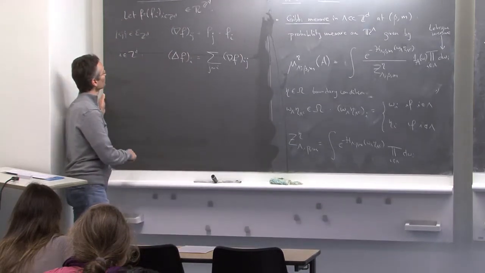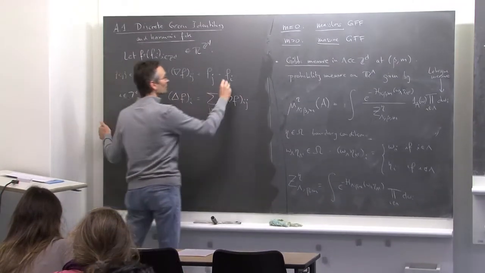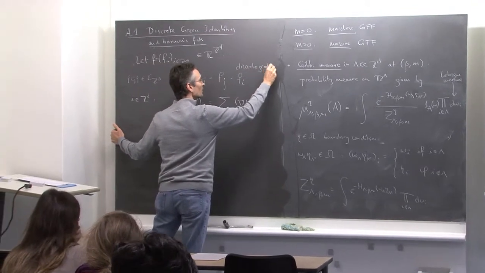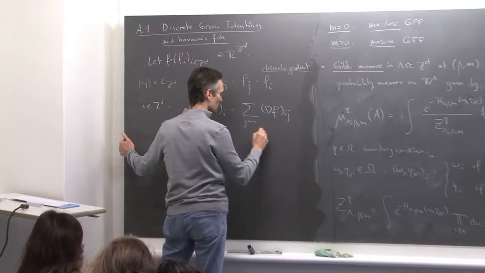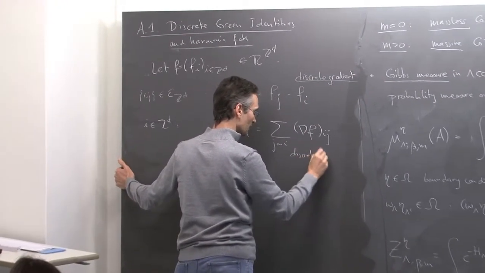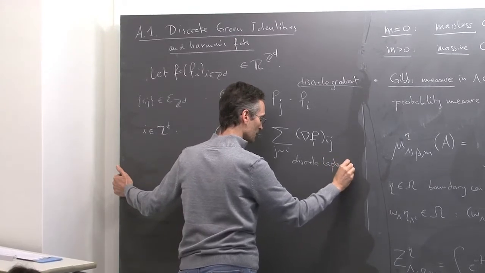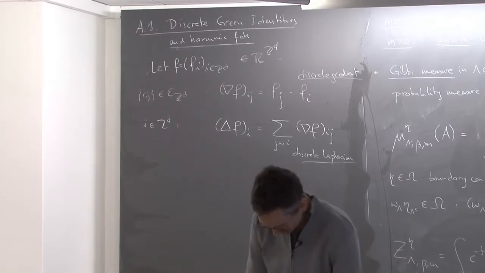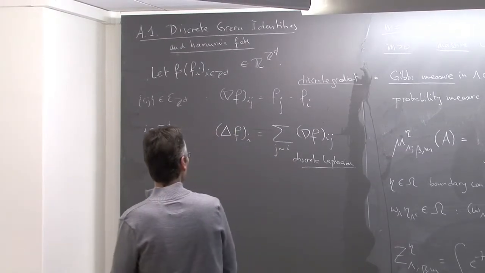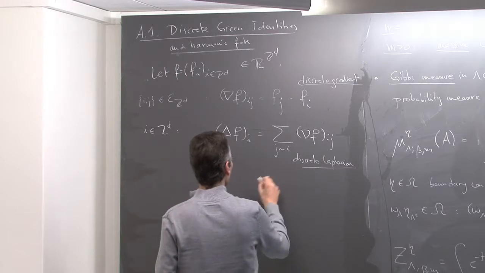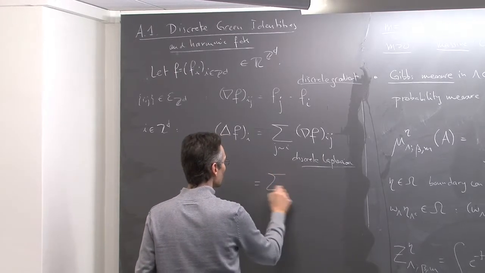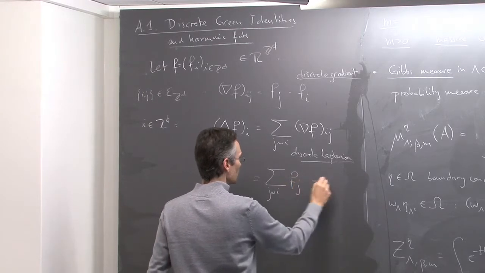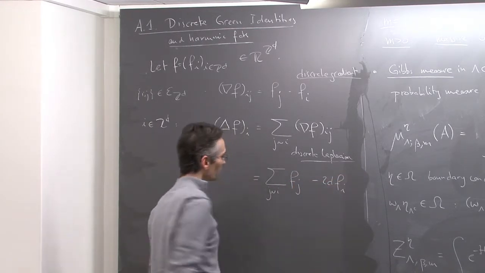Okay. These are two quantities, so this is the discrete gradient and the discrete Laplacian. Okay, so maybe let me also write it down explicitly once. So this is really the sum over all j neighboring i of fj minus 2d fi. Okay, I also need it under this form.